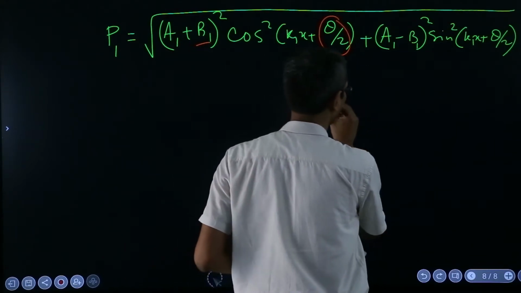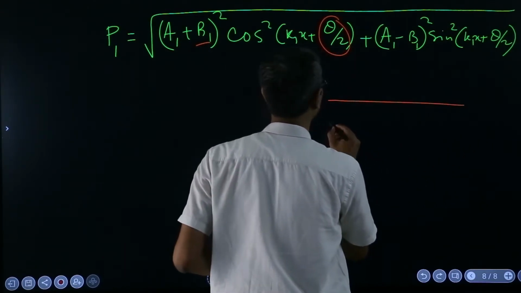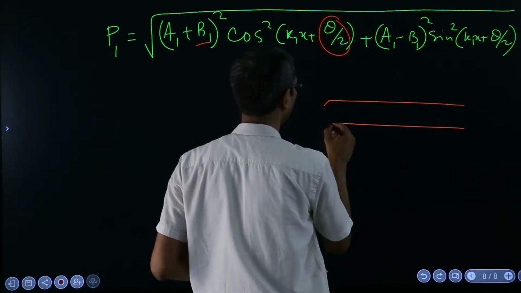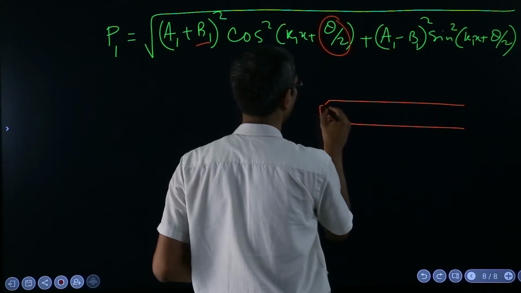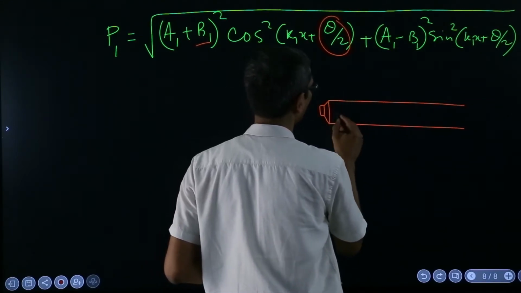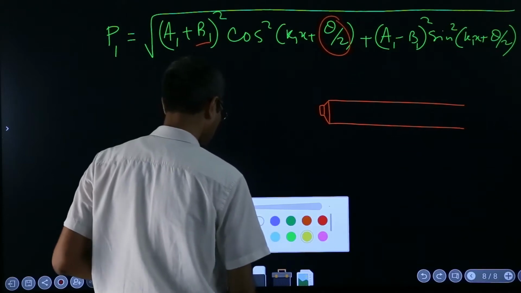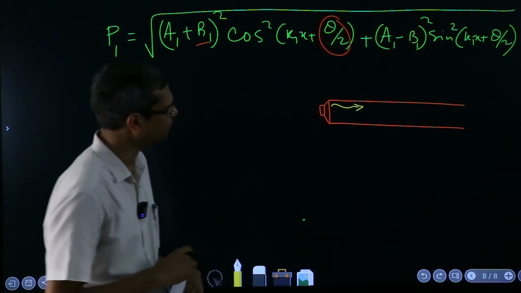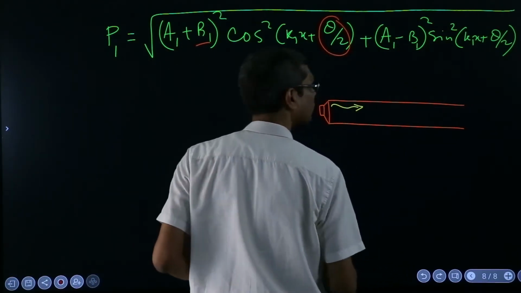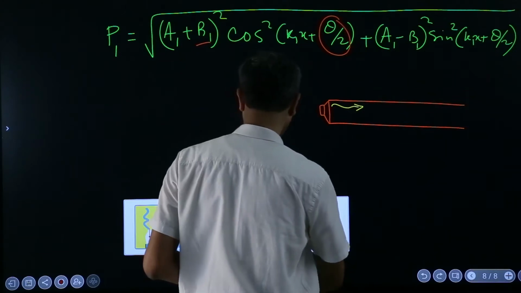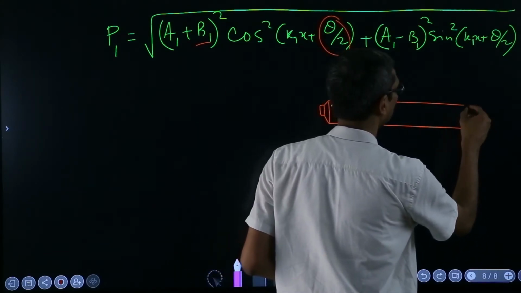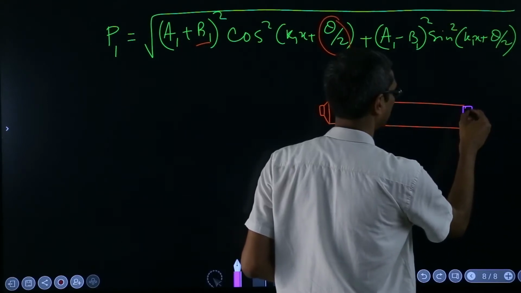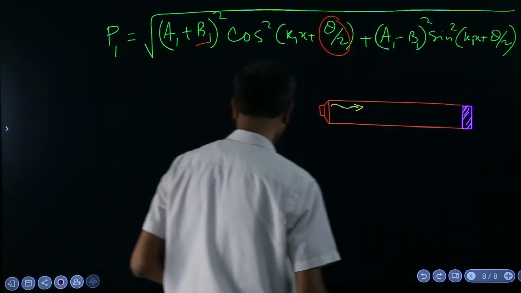So what's done is, suppose you have a tube like that, and here you have this speaker, which is producing this sound field. Okay, and then you have the material for which you want the impedance to be measured.